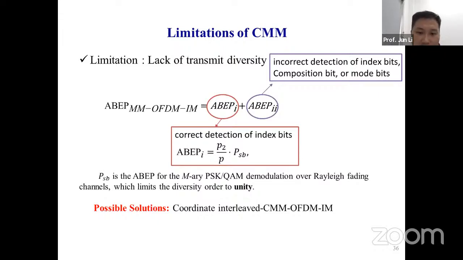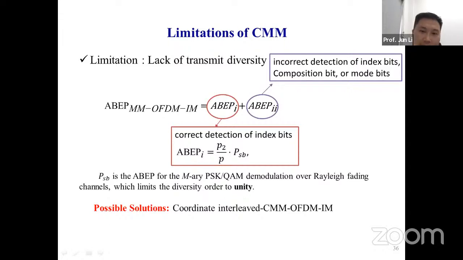We have this effect, which means the BEP, the bit error probability for the PSK or QPSK demodulation, which limits the diversity order to 1.